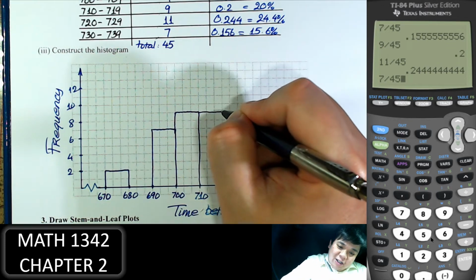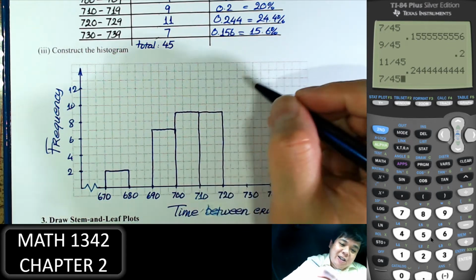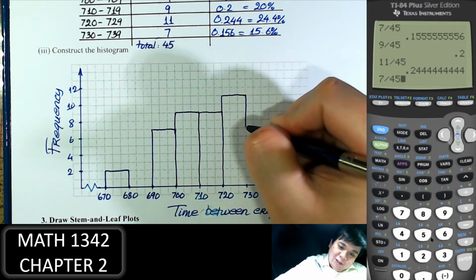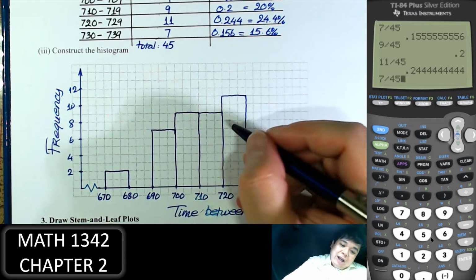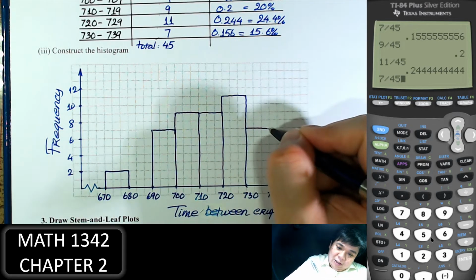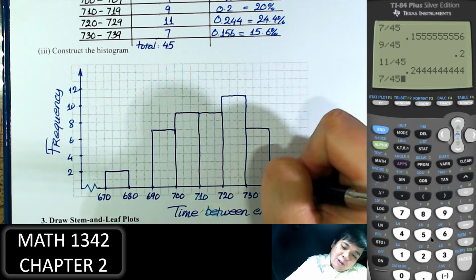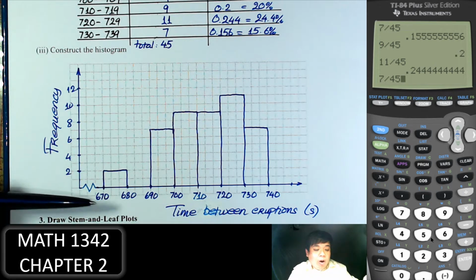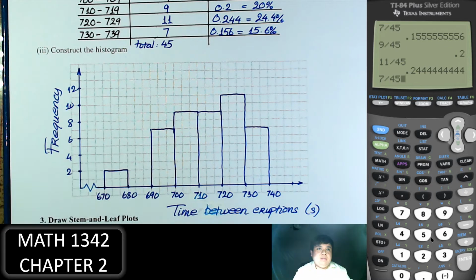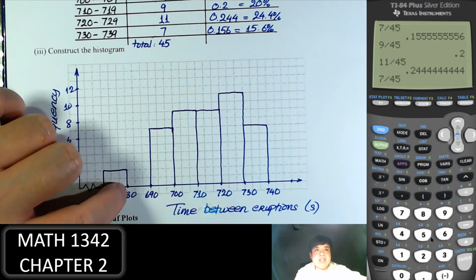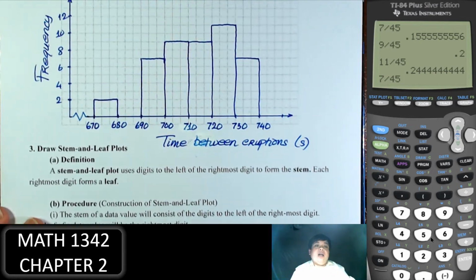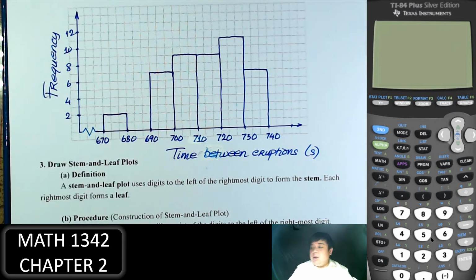And then there's 9, 11, and then 7. Like I said, there will be no space in between, and only write the lower class limit. Of course, we assume that it will go up to almost 680, so 679.99. So that is the histogram using the class limits.